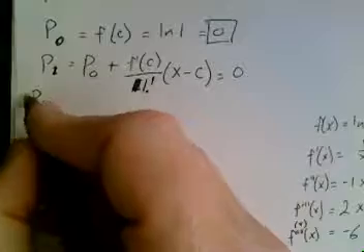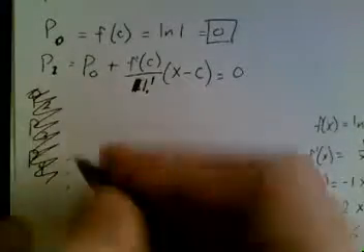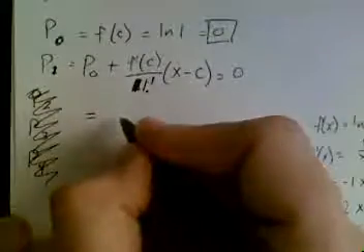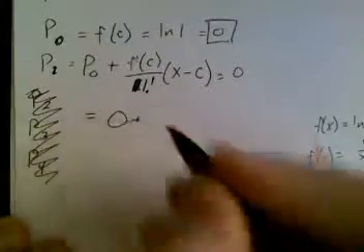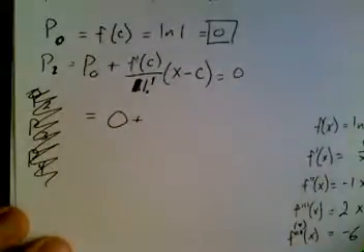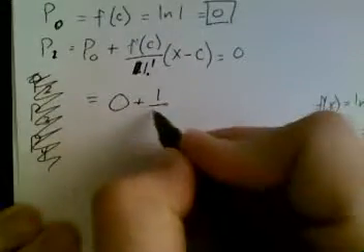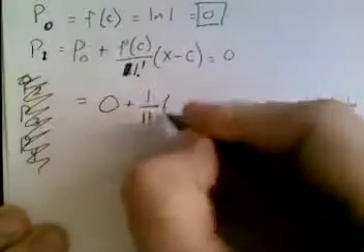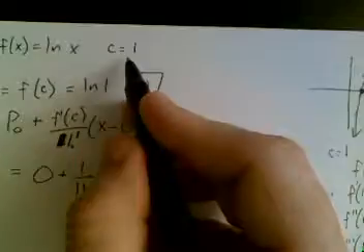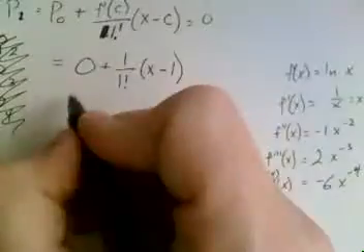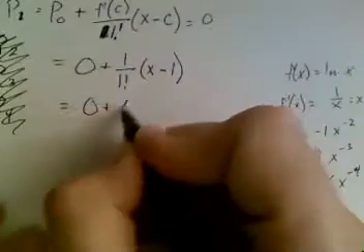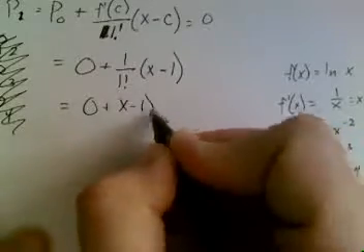So I'm going to cross all these things out, and we'll rewrite them later. This is P sub 0, which is 0, plus the first derivative over on my table is 1, so 1 divided by 1 factorial, times x minus c value is 1, and therefore this thing is 0 plus x minus 1.